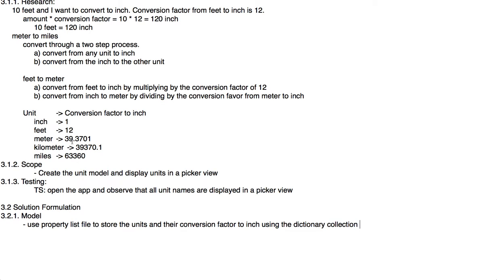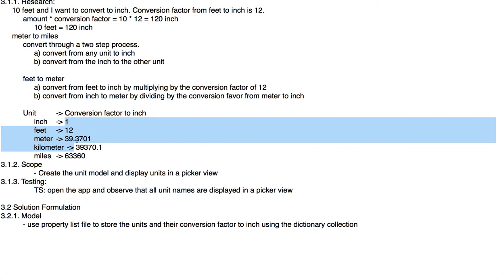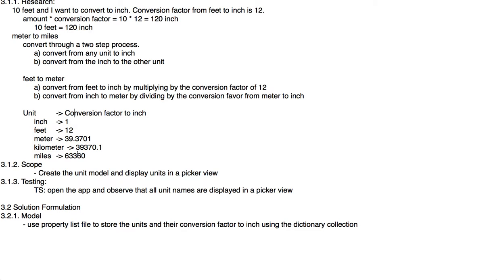In other words, you are storing the conversion factors using a custom name as the index. This is different from an array, because in an array, the index is 0, 1, 2, 3, 4, and you cannot customize that. But in a dictionary, you can customize and name your index by providing the string value of the key.